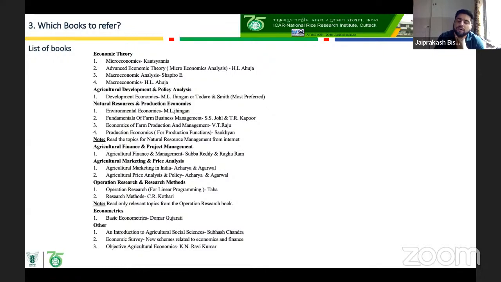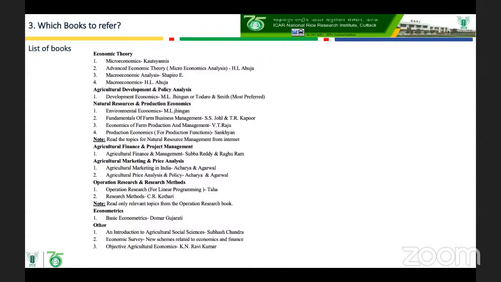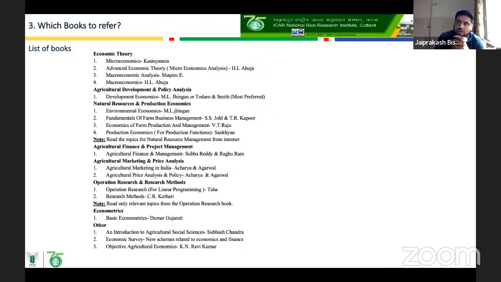And one more thing is that a trend is going on nowadays. Questions do appear from the natural resource economics or environmental economics portion. Many of the state universities or even other universities don't teach the natural resource economics portion. So if you don't answer the questions from this portion, you would be at a disadvantage compared to the students who answer those questions.